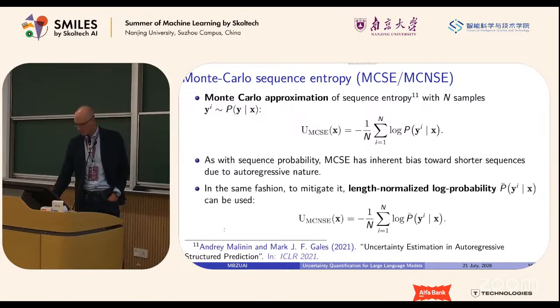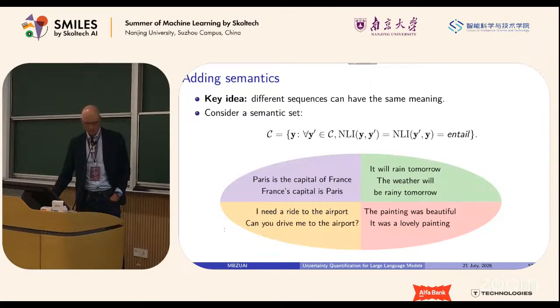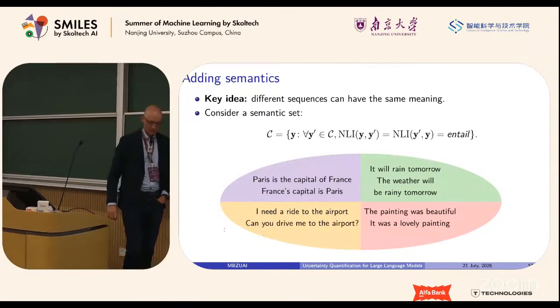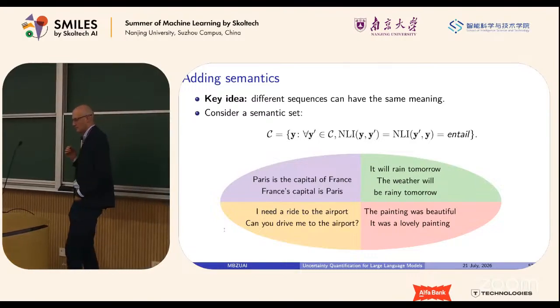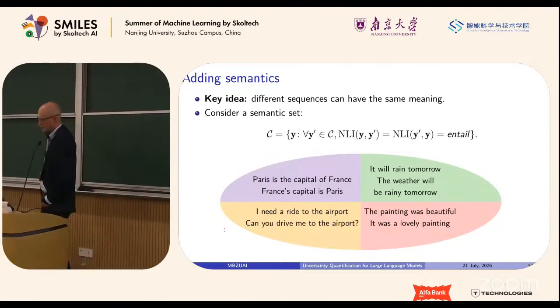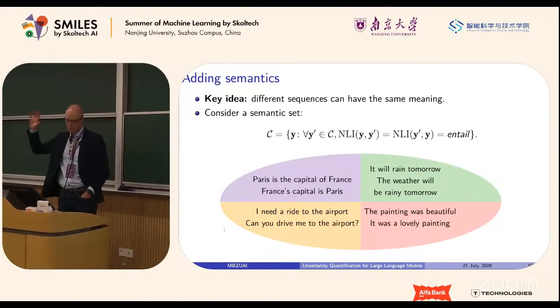You can also try some length normalization and other things. But what really works better is something like semantic entropy. Actually, semantic entropy was already discussed during this school before.